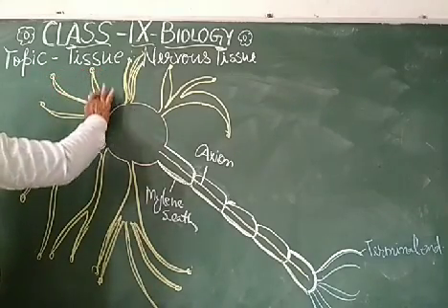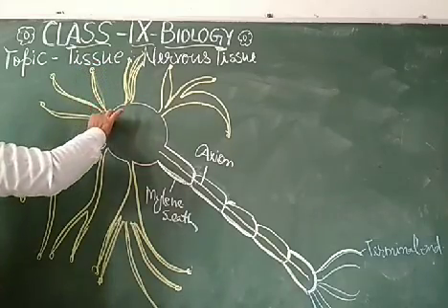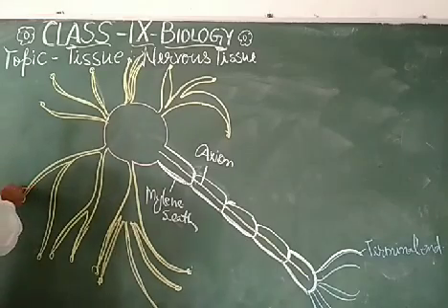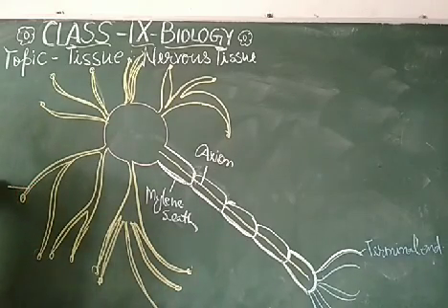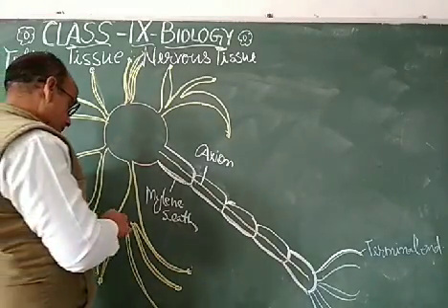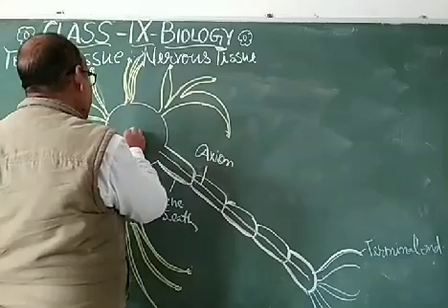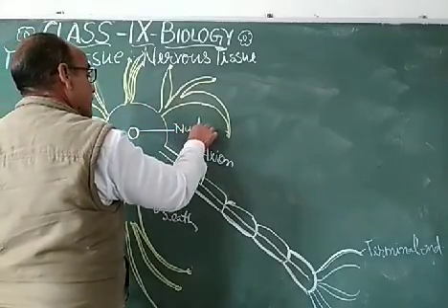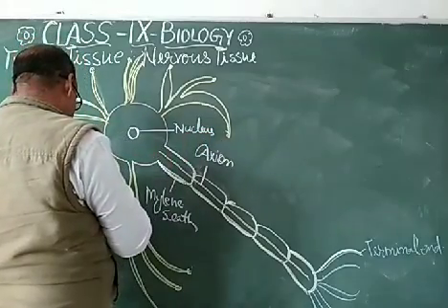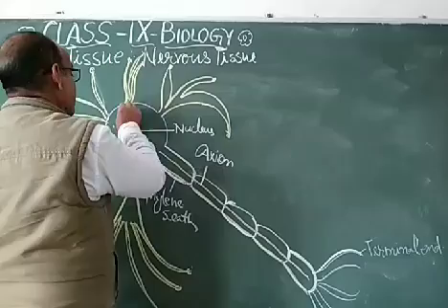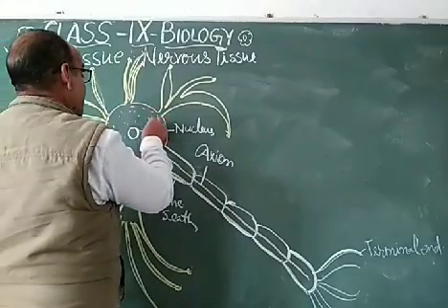Dendrites may be of several types, either branched or not branched. Dear students, they are the dendrites. Inside it there is a nucleus of this cyton, and this cell is filled with cytoplasm inside it.